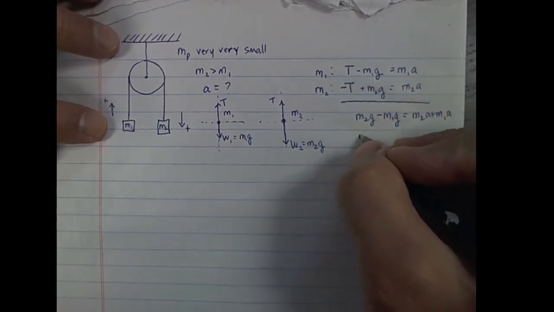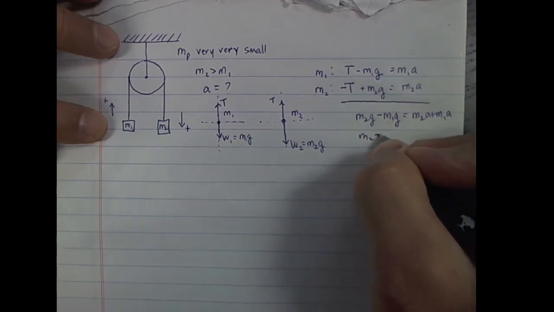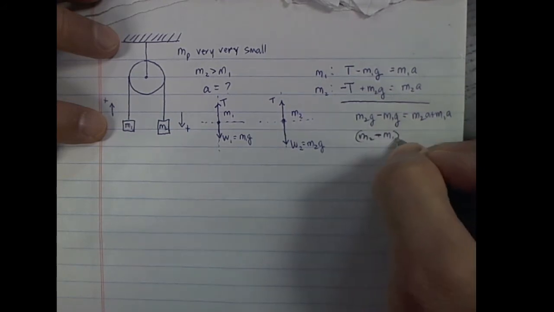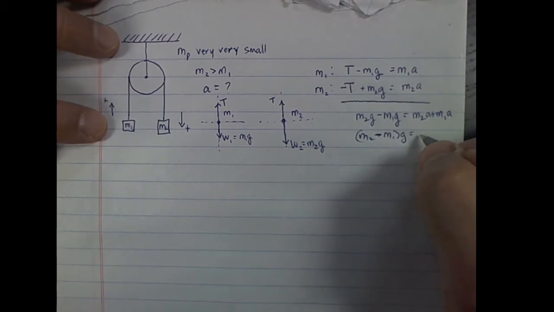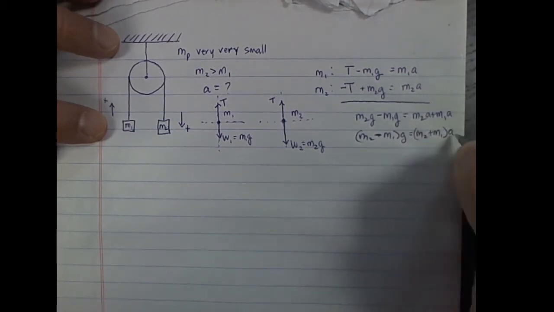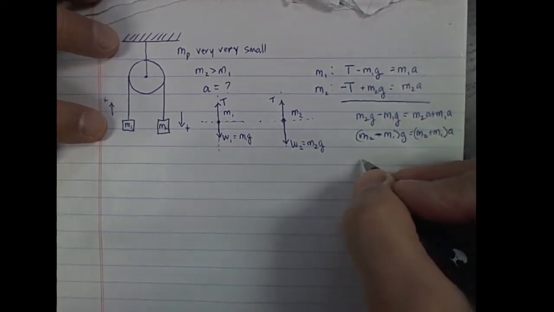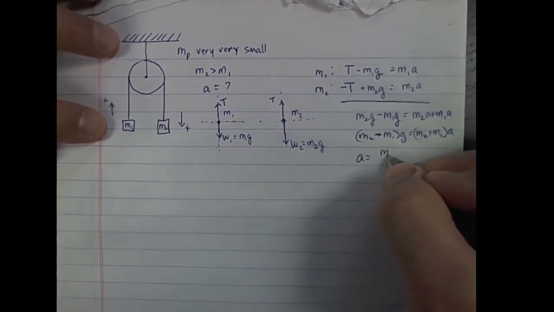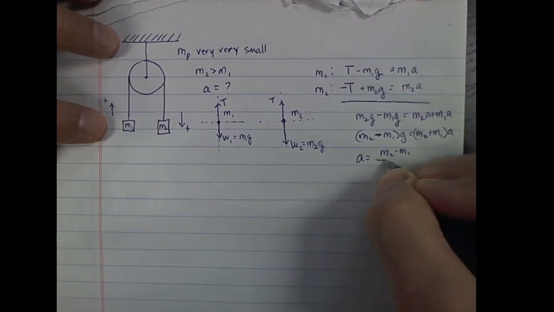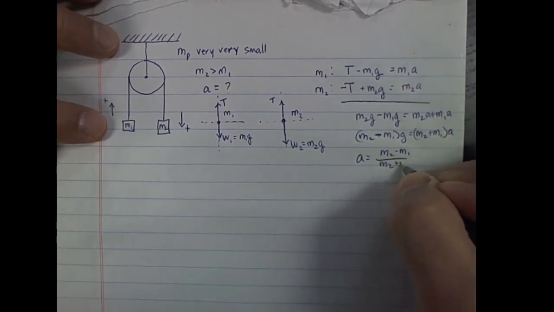I'm going to factor (M2 minus M1) times G equals (M2 plus M1) times A, and then I'm going to divide by that. So we get A equals M2 minus M1 over M2 plus M1 times G.